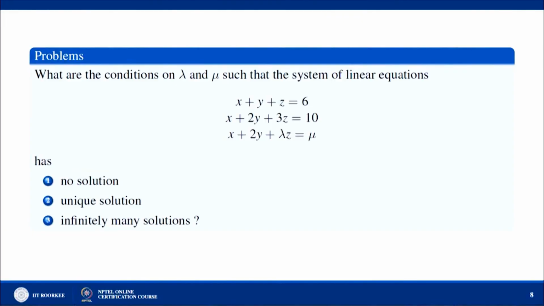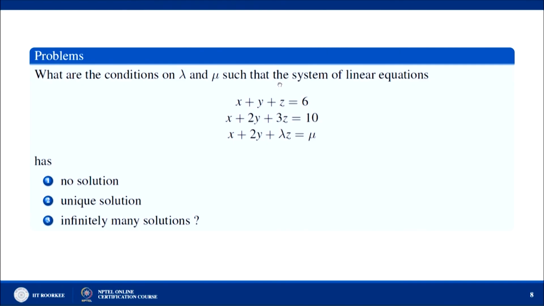Now, let us solve this problem, where we have to find the conditions on lambda and mu such that this system has no solution, a unique solution or infinitely many solutions. That means, what should be the values of lambda and mu so that this system has no solution, a unique solution or infinitely many solutions.